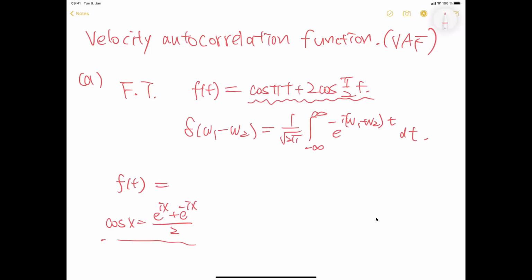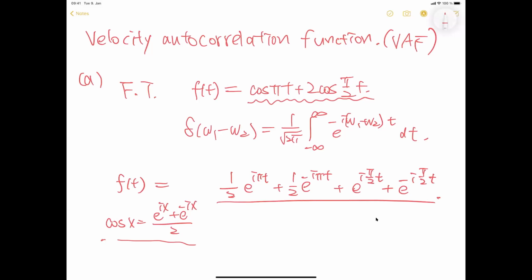You will get 1/2 exponential i pi t plus 1/2 exponential minus i pi t. And the 2 times 1/2 is 1, so we have exponential i pi over 2 t plus exponential minus i pi over 2 t. So this is our function.